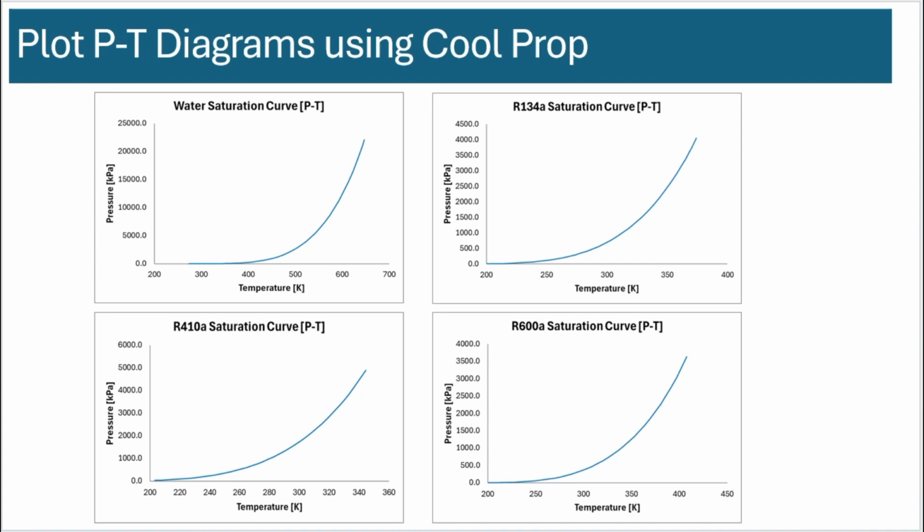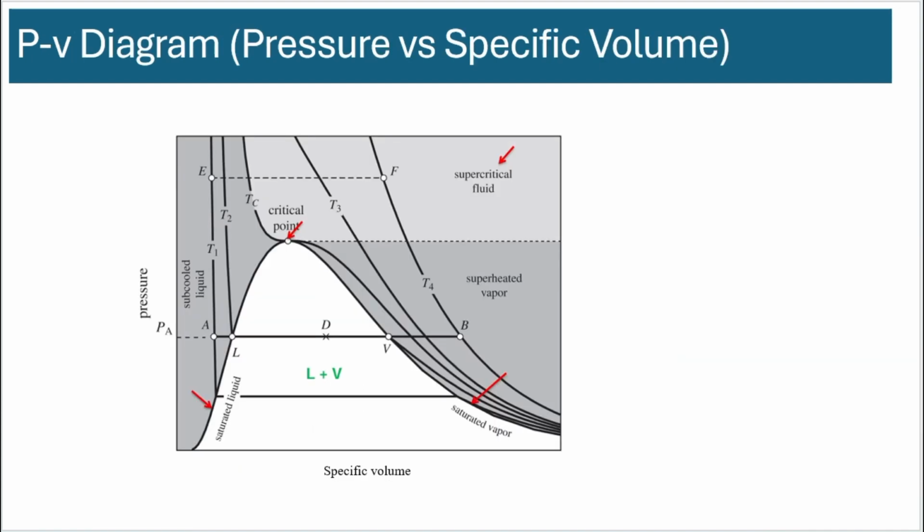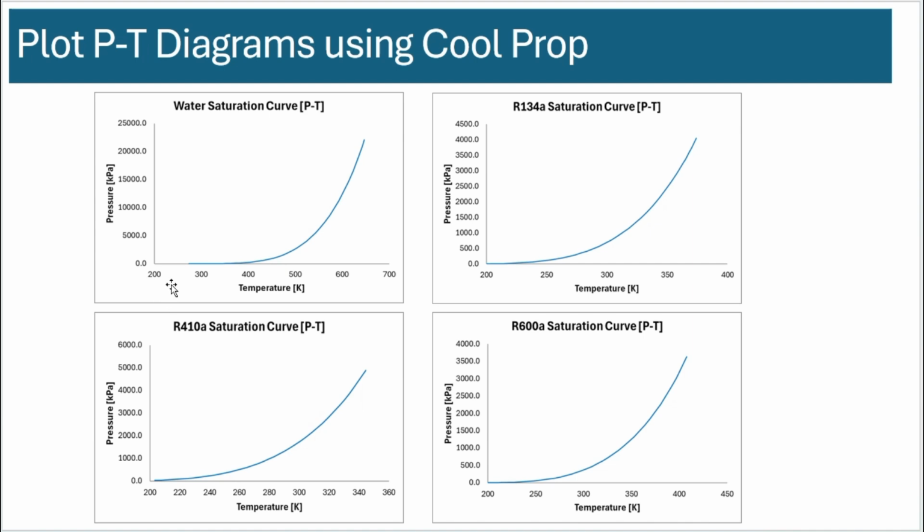Okay. The next important diagram is a PV diagram, or pressure versus specific volume. So here it looks something like this. Remember this curve, we are looking at the same curve where the liquid and the vapor are in equilibrium.